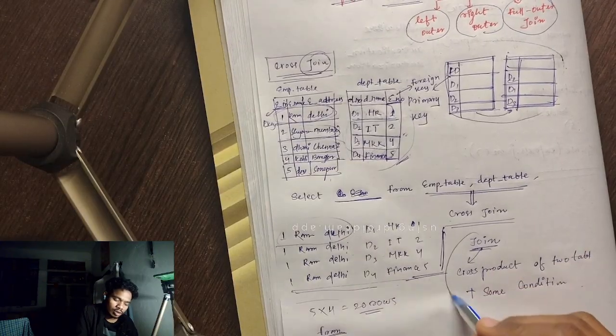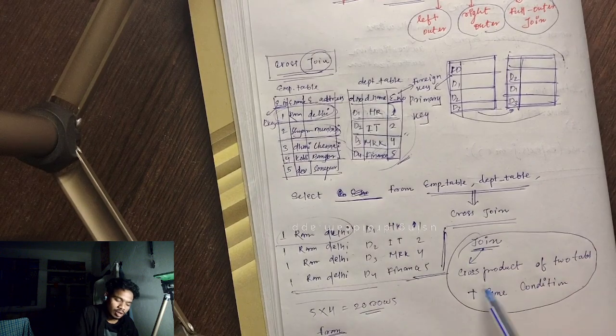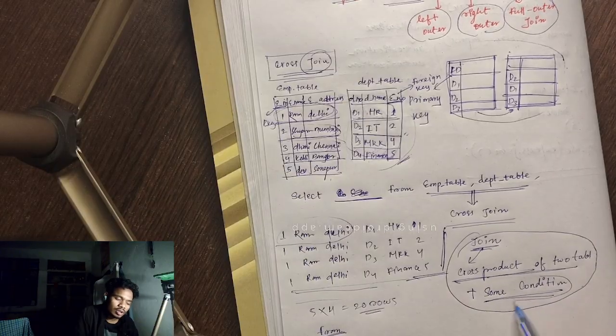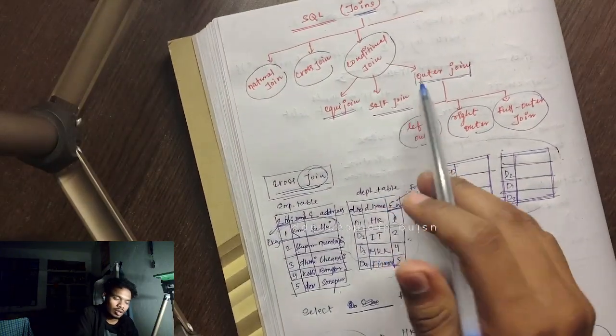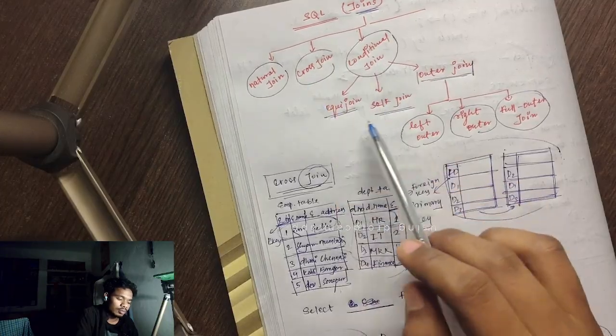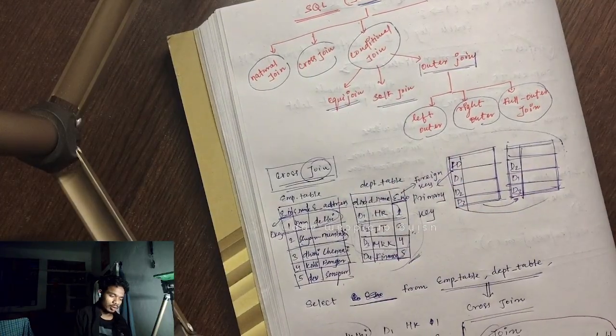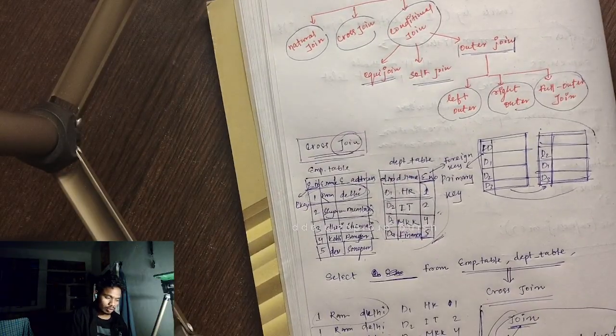This is the only join. We have to remember this: cross product of two tables plus some condition, and with this condition, all these things will change. So now we will study natural join. What is natural join?